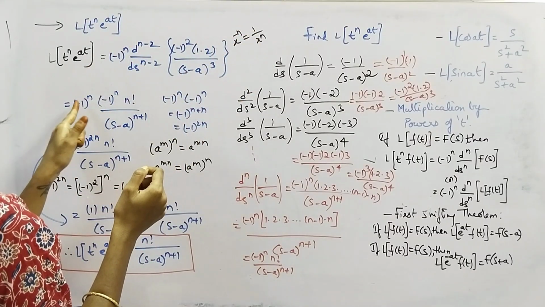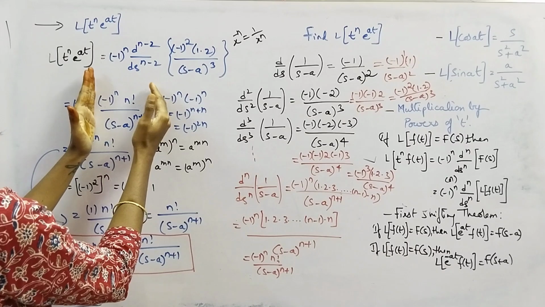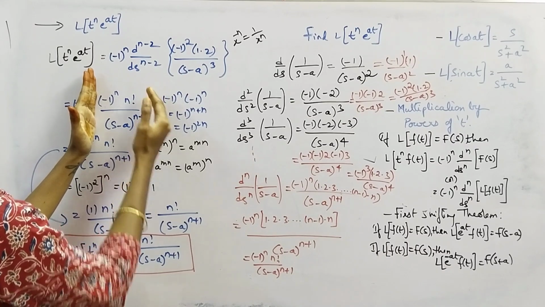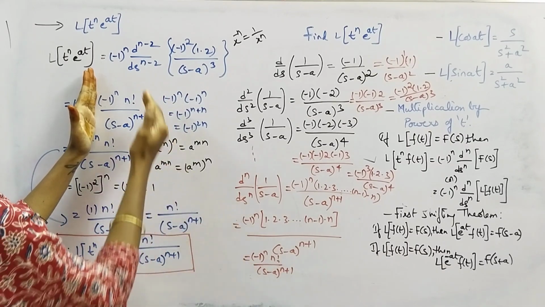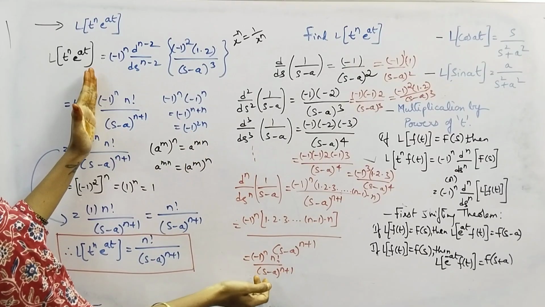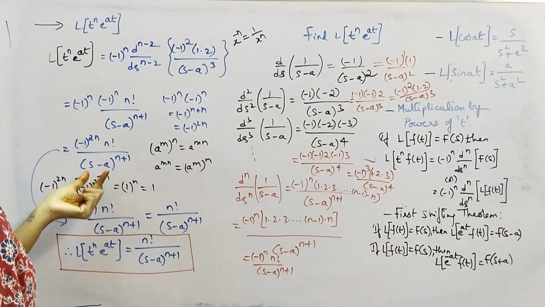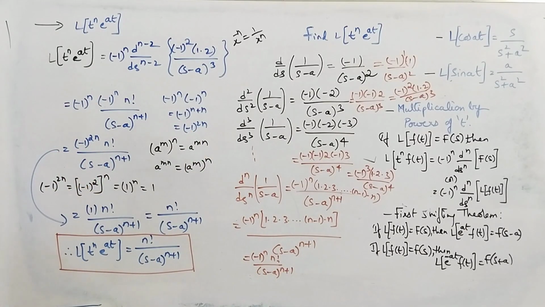You'll just write minus 1 power n into the nth derivative of 1 by s minus a, and simplify it. Don't be confused, it's an easy problem. All you need to do is observe. If you observe once, you can do the same problem anywhere, anytime.